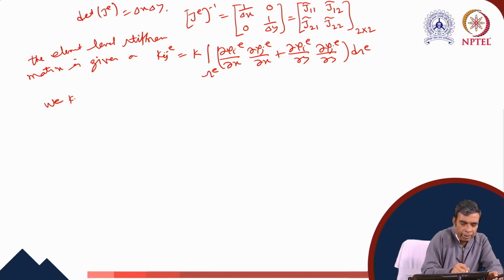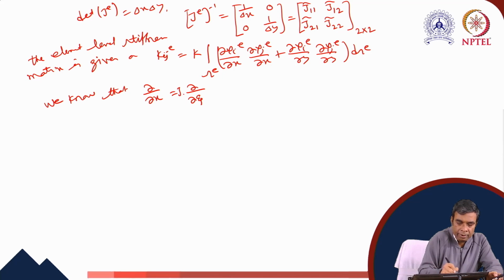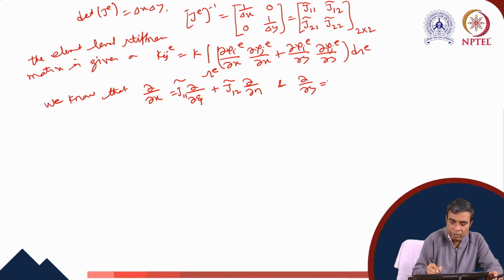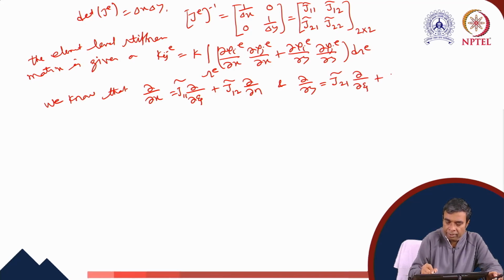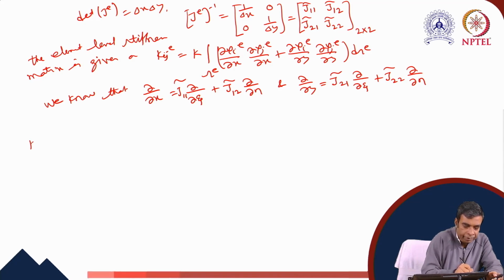So we know that del x equals j11 tilde del xi plus j12 tilde into del eta, and similarly del y equals j21 tilde del xi plus j22 tilde del eta. So substituting this in Kij, we obtain Kij equals K into integration along the master element.